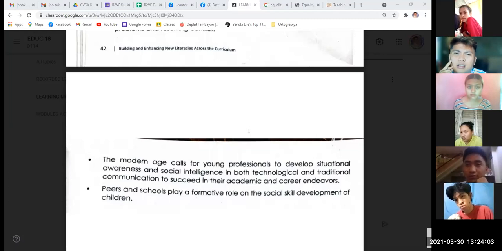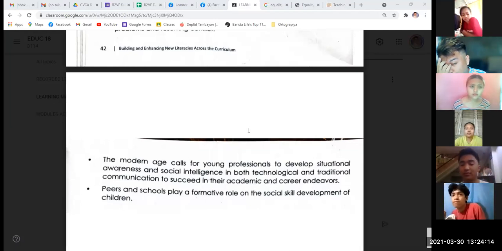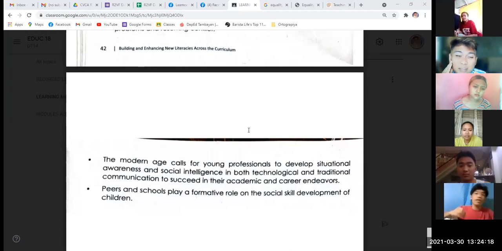Meron kayo doon. Kasi katatapos namin ng module 1 sa mother tongue based. We have post developmental learning ng MTBMLE. Nakakaloka siyang intindihin, pero maganda siya, nakakaaliw.